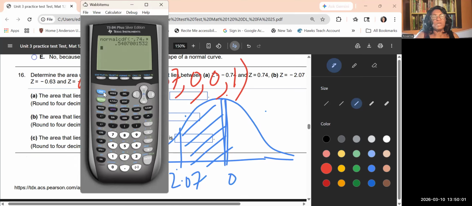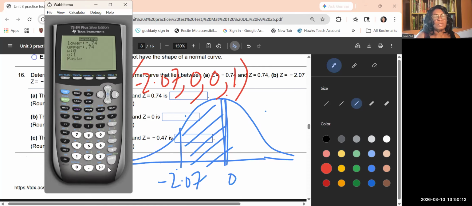So I get my calculator and type it in. Normal cumulative density function, area between. Negative 2.07. Be careful to use the negative sign in parentheses when you are starting. The upper bound is 0, which is the mean.